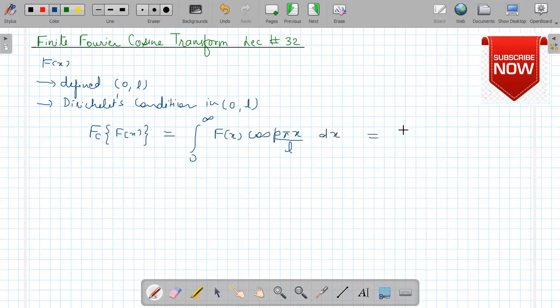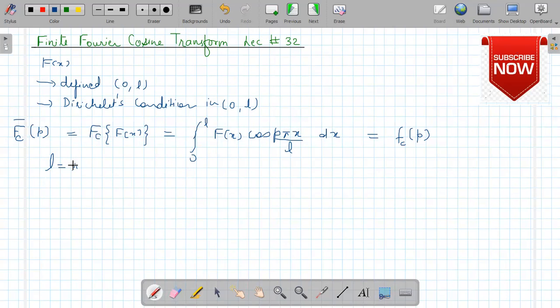We also denote this by Fc(p), or this can be written as Fc bar p, where p is an integer or it may be 0. Sorry, I made a mistake here. Actually, it should be L, not infinity.